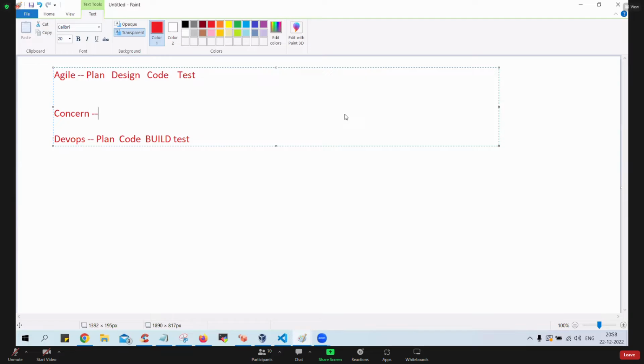So from your knowledge, tell me guys, after the code is written, what needs to be done? Those who have a little knowledge about the software industry or are already working in some companies, tell me, after the code is written, what we do?